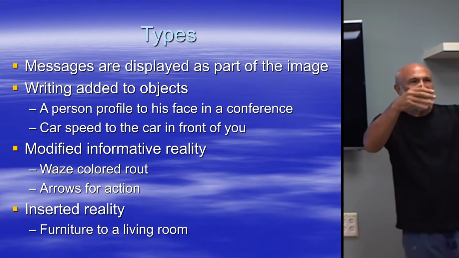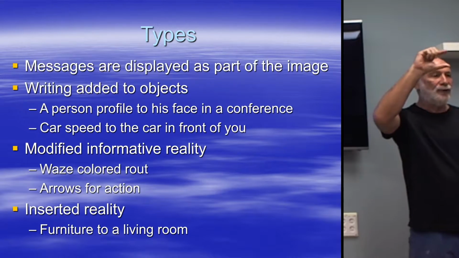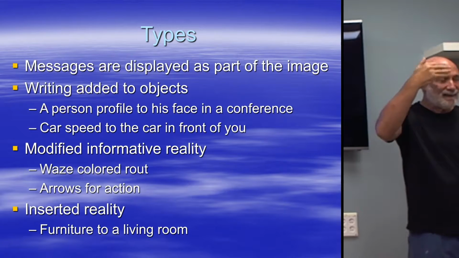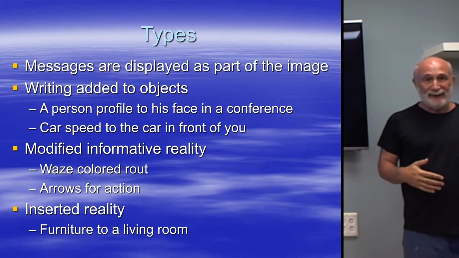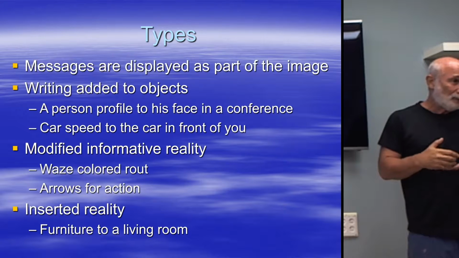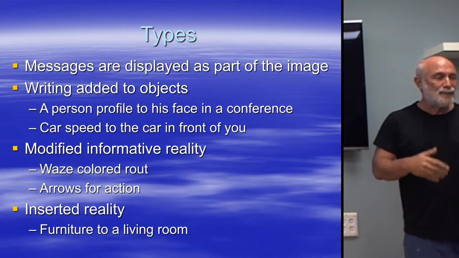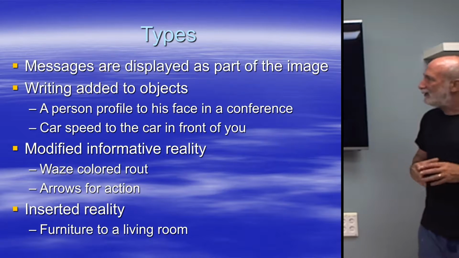So you are looking at the world, and at a quarter of your image size, your messages will be displayed to you. This can be completely unrelated to reality, or maybe if you're sitting with a certain person, it will be the emails that this person is sending to you. But this is, I would say, weak augmented reality.